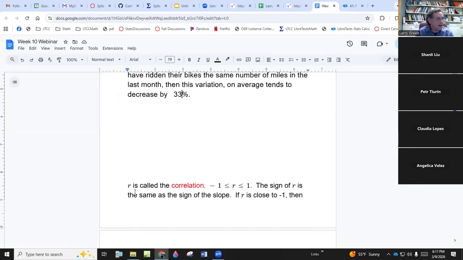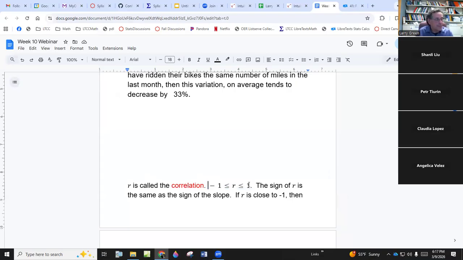Okay, so again, R is called the correlation. R is always between -1 and 1. So -1 is the smallest correlation. That means as the first goes up, the second one tends to go down if we have a negative correlation.